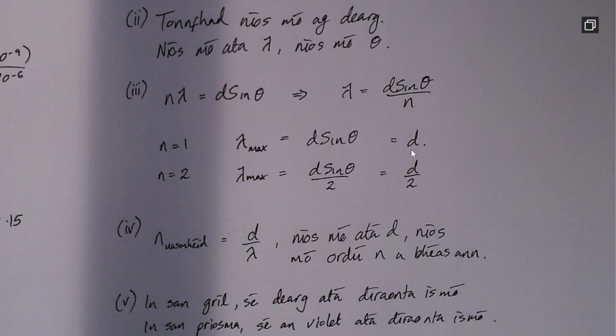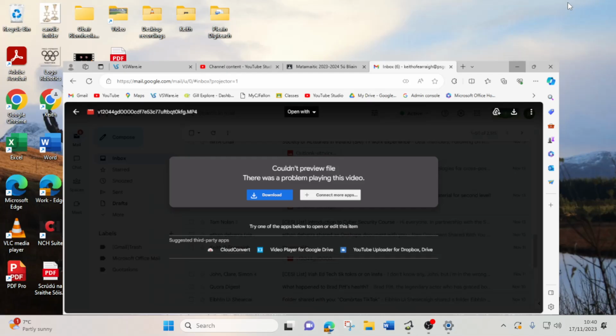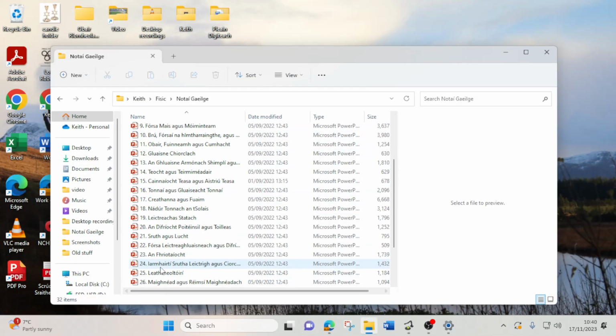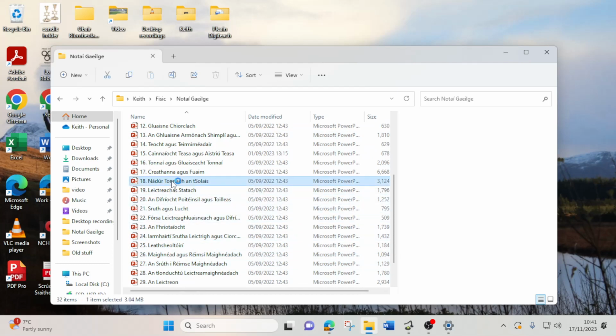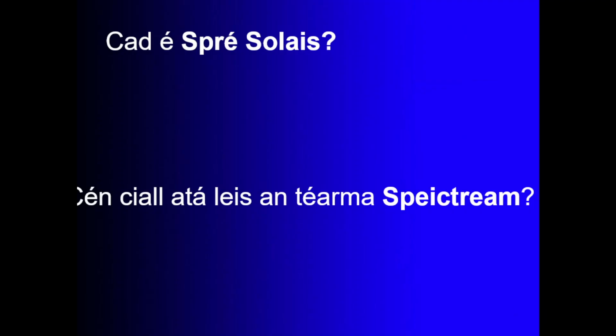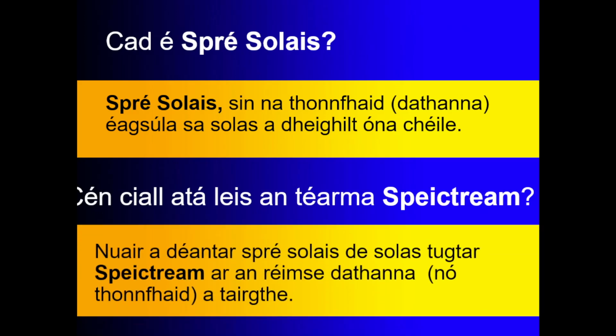Now let's go back to the PowerPoint. We need to know about dispersion. Dispersion is the splitting of light into the rainbow colours, and the rainbow produced is what we call the spectrum.